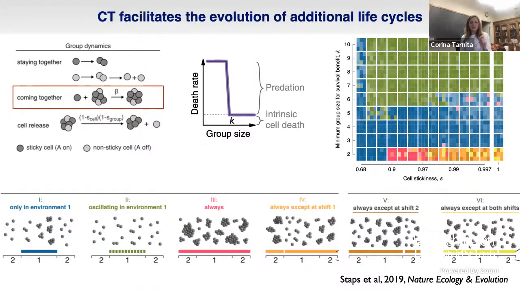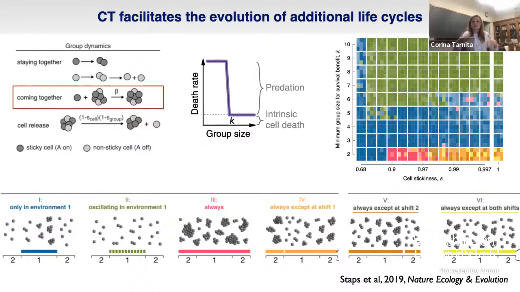In fact, life cycle 6 is a lot better than life cycles 5 and 4 because it can afford to turn gene A off twice and therefore harness the benefits of being correct about expressing gene B twice in that same time interval. The reason it can do that is because coming together helps a group grow faster than just staying together.